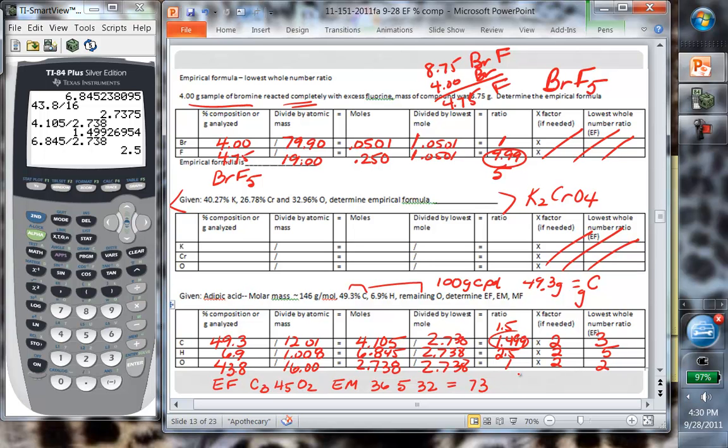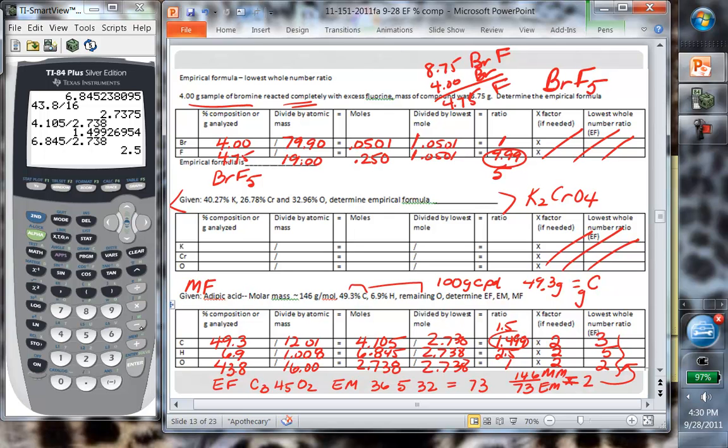And my molar mass was done independently at 146. If I divide my molar mass by my empirical mass, I get a factor of 2. So I'm going to multiply all of these times 2 to get my molecular formula.